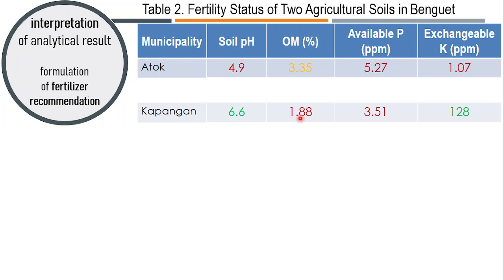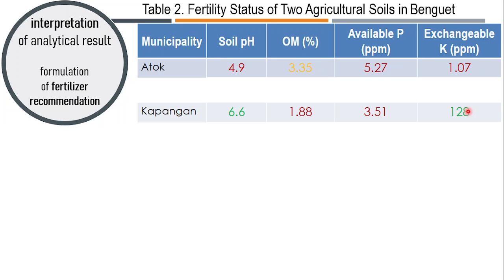Here in Kapangan, the result of the analysis is different. Now, let's say, for example, the two farmers from Atok and Kapangan want to plant cabbage. Would the content of their soil be sufficient to provide the requirement of cabbage?